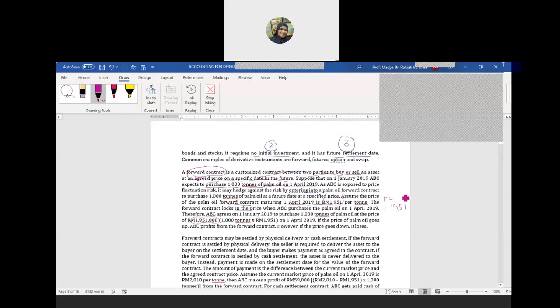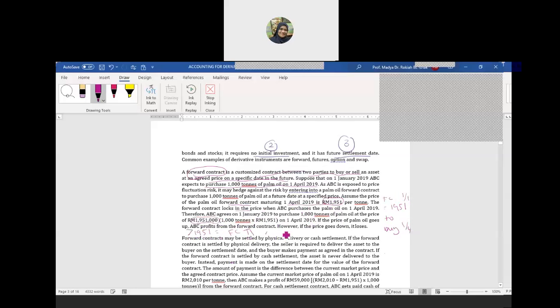So you sign the contract on 1st of January, going to buy on 1st of April, at the price of 1951. If the palm oil price goes up, if the price is more than 1951, then the forward contract is going to have a gain.